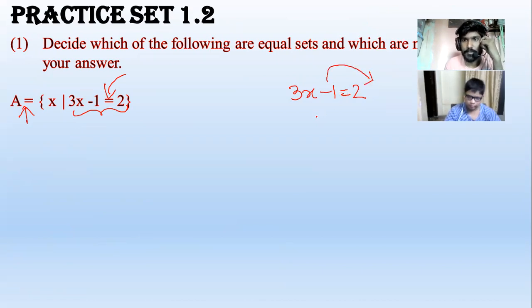What will happen? Plus. This becomes 3x is equal to 2 plus 1. Correct? So 3x is equal to 3.